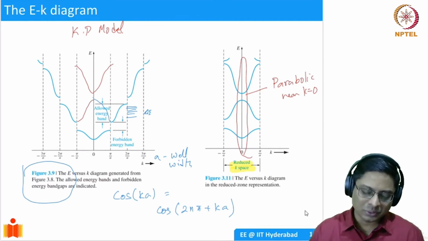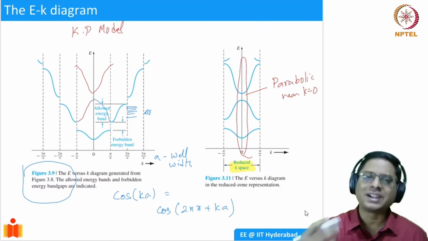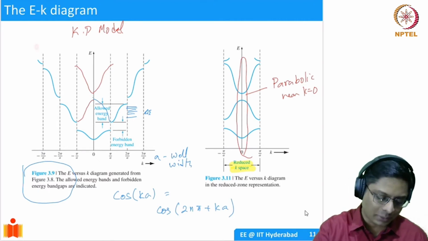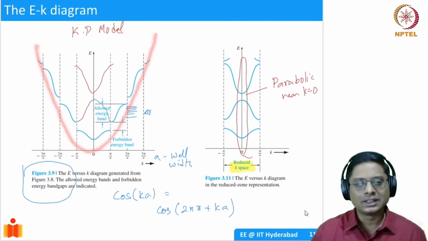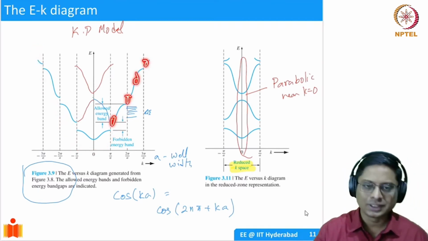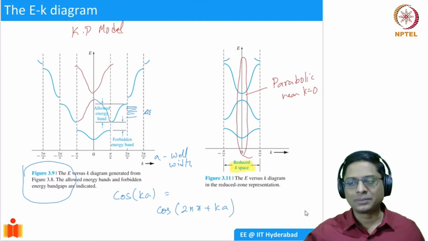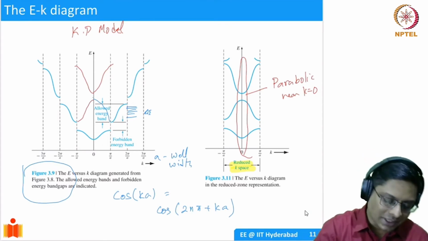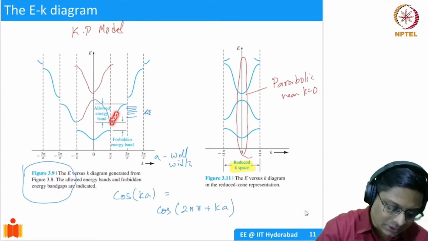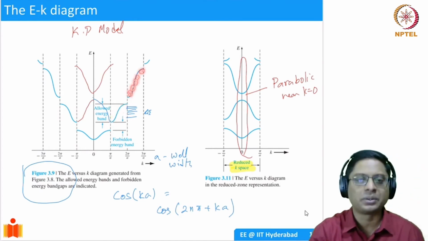For now, I just want you to accept or understand that if you had a free electron, it had a parabolic dispersion, right? And if you had a confined electron, you had discrete levels, right? But the moment you get multiple atoms interacting with each other, you get these small bands of energies which are allowed and bands which are forbidden.